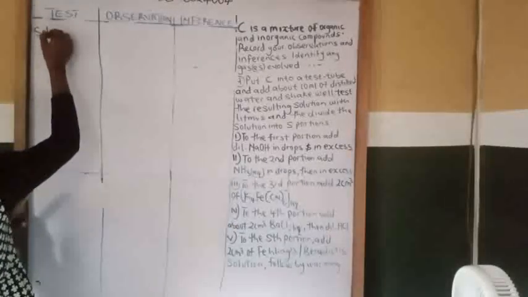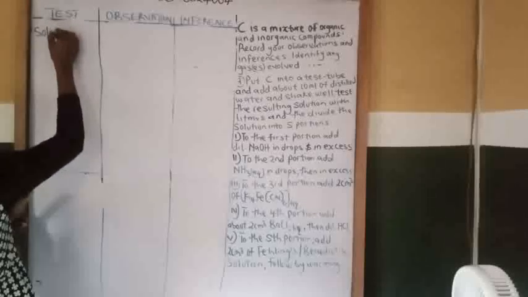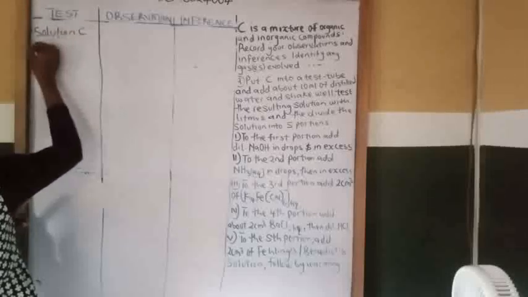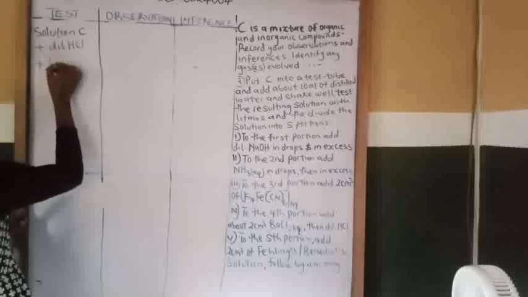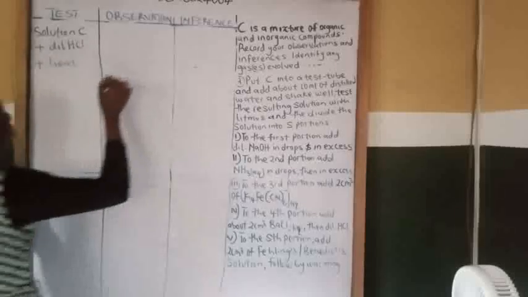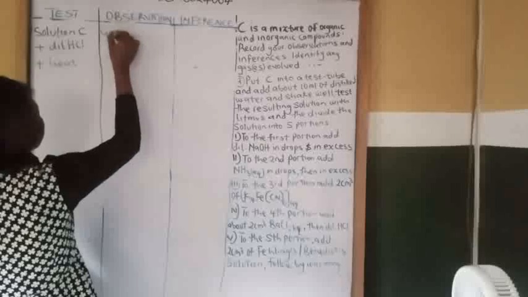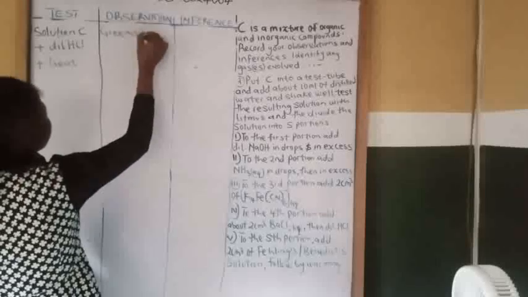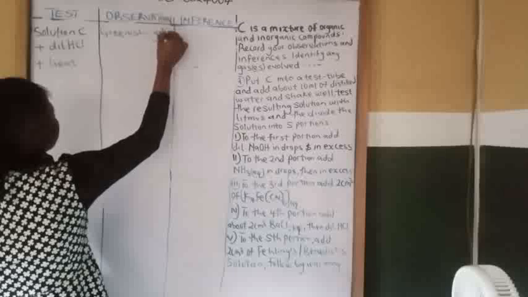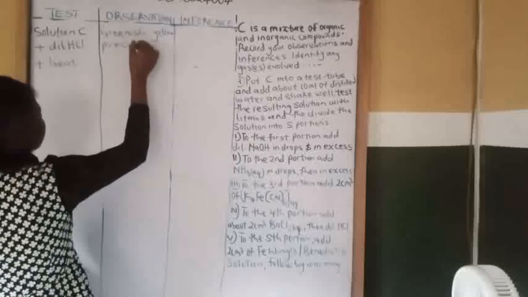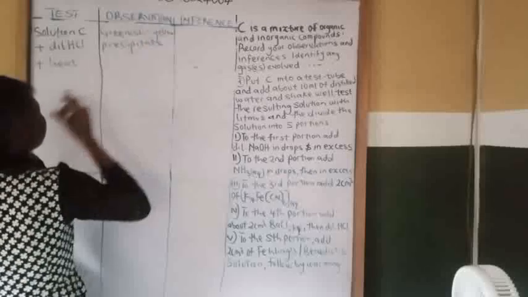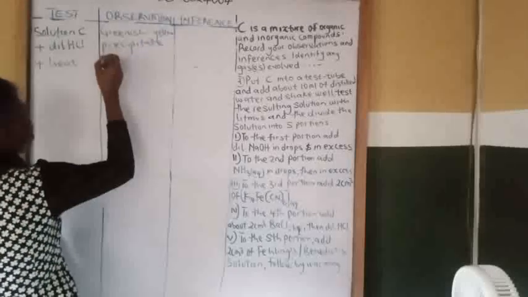So let's take that solution C. Solution C plus dilute HCl, plus heat. Greenish yellow precipitate is formed.